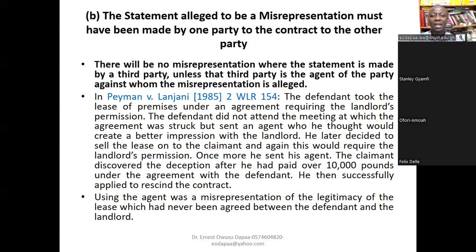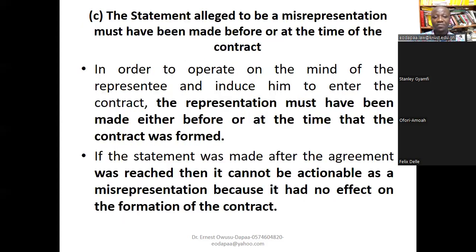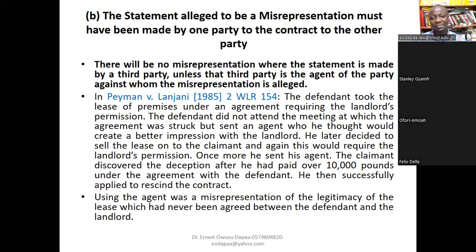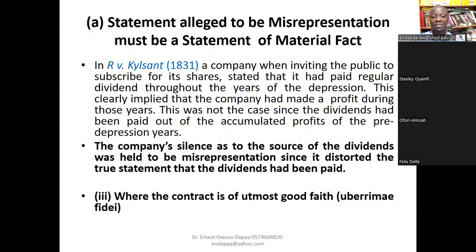And what are those types of contract? Like, for example, if we are talking about a contract between, let's say, you are going to take an insurance policy. That is an example of a contract which requires the utmost good faith.